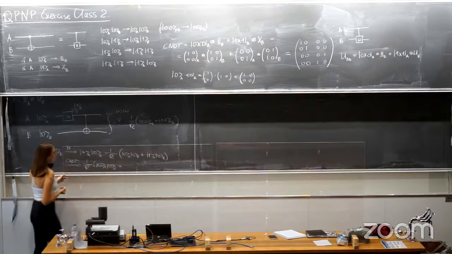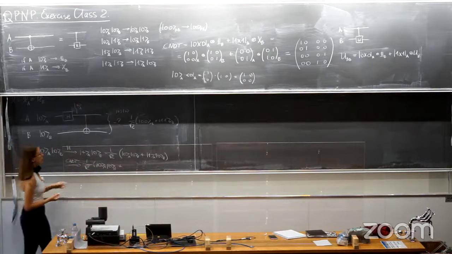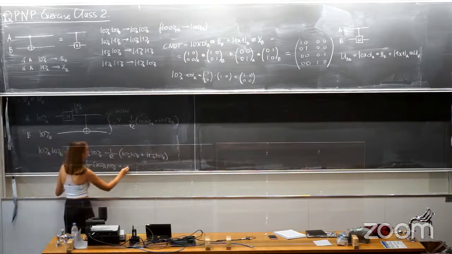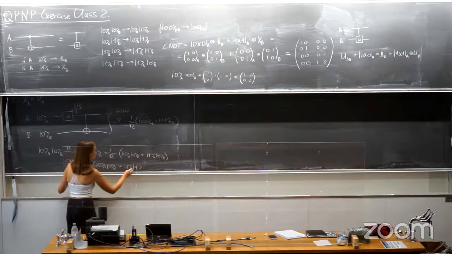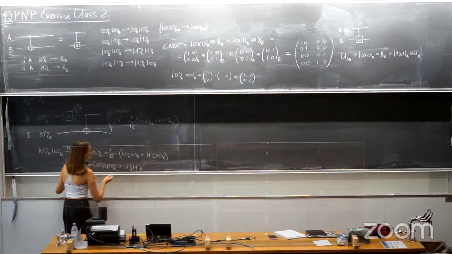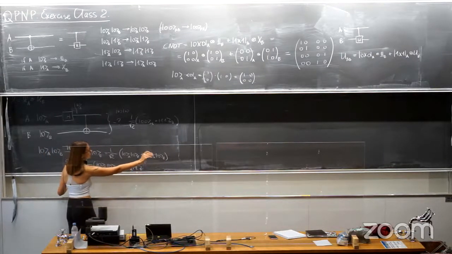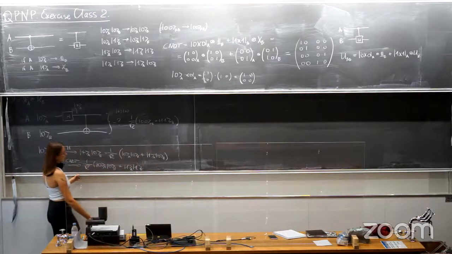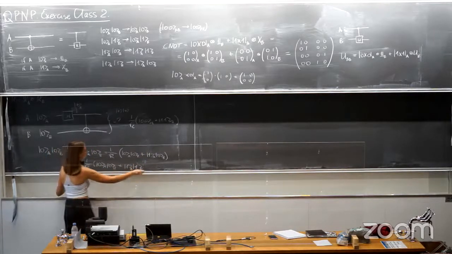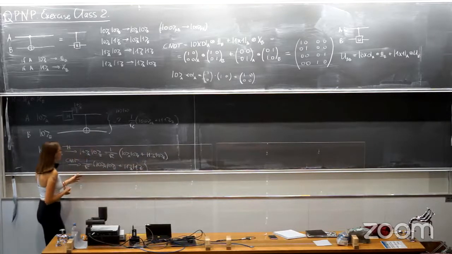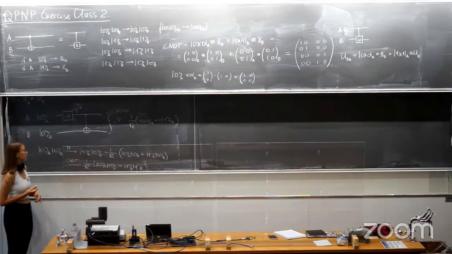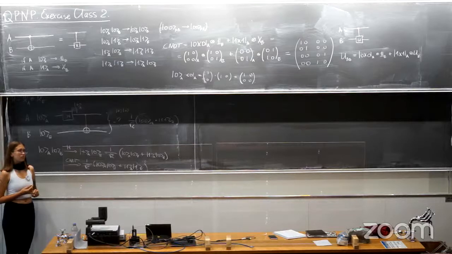And then we have 1, 0, which would be transformed to 1, 1, because the operation is conditioned on the state of A, which is 1. So the state of B flips. We apply the X operation. So it's going to be 1, 1. And hence we get the state 1 over square root of 2, 0, 0 plus 1, 1. You will see this state very often when you work with 2-qubit systems.